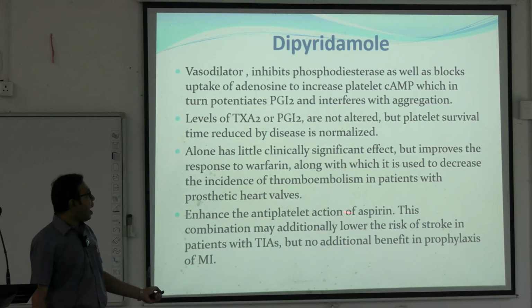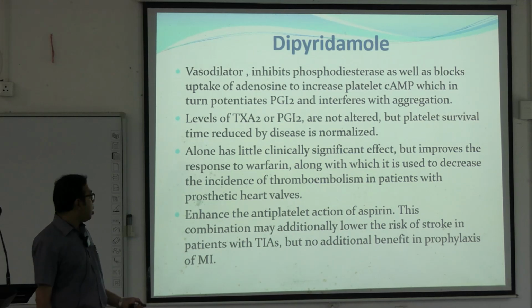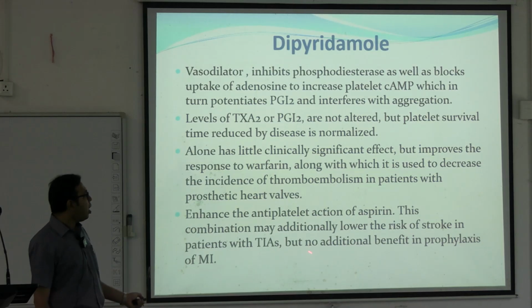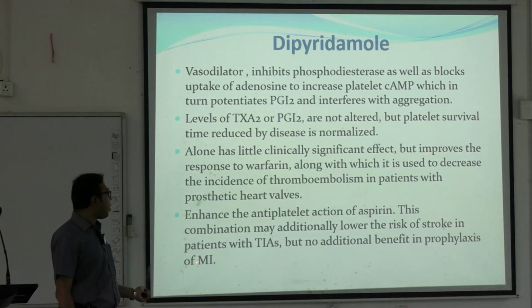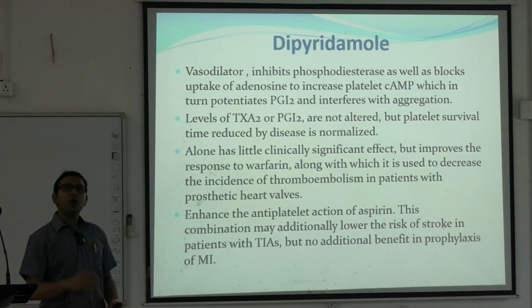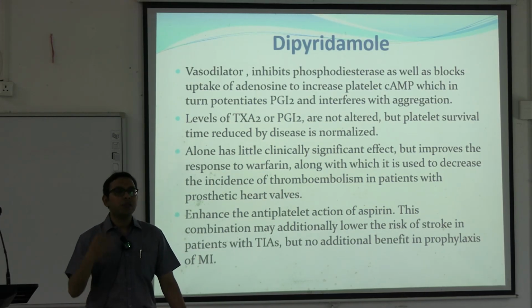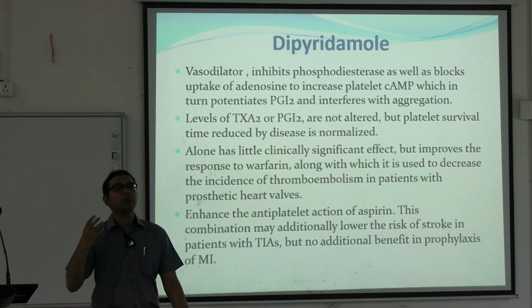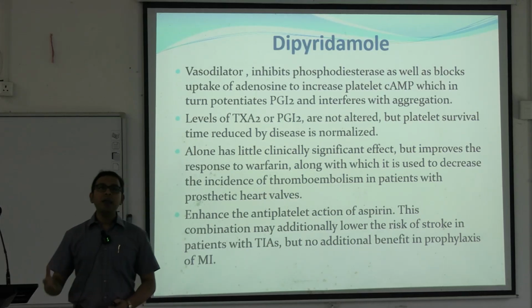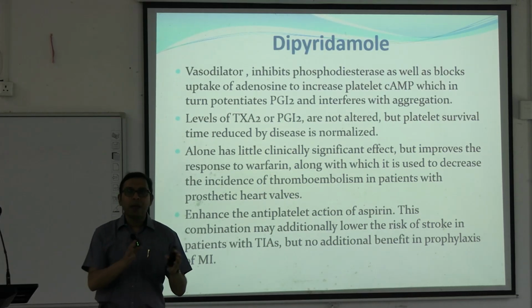It also enhances the antiplatelet actions of the aspirin. So this combination may additionally lower the risk of stroke in patients with transient ischemic attack, but no additional benefits in prophylaxis of the myocardial infarction. So if there are more chances of stroke, cerebral thromboembolism, we can use a combination of the aspirin plus dipyridamole.